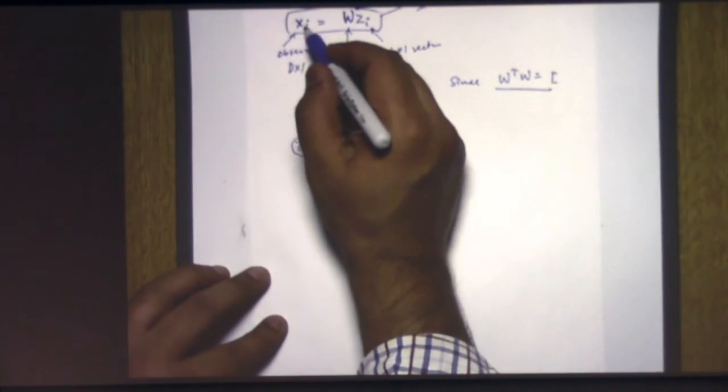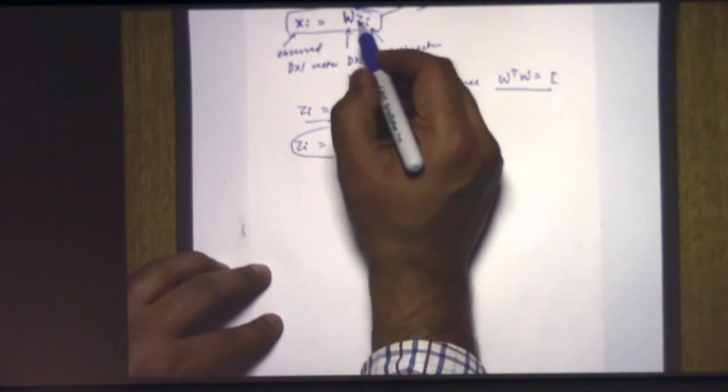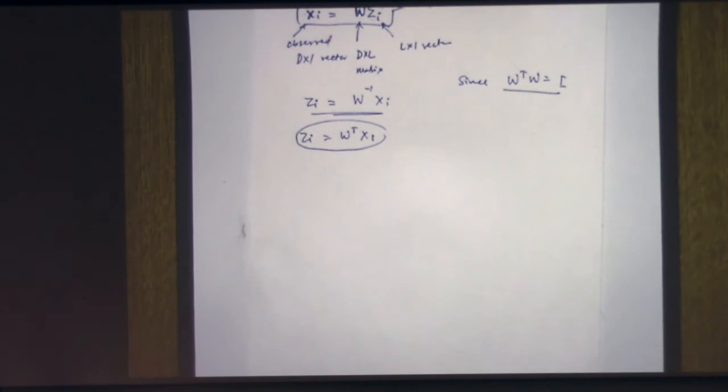So this is that bijection that you were talking about. You can go from hidden latent variables to your observed, and you can go from observed to hidden. So that is the idea.